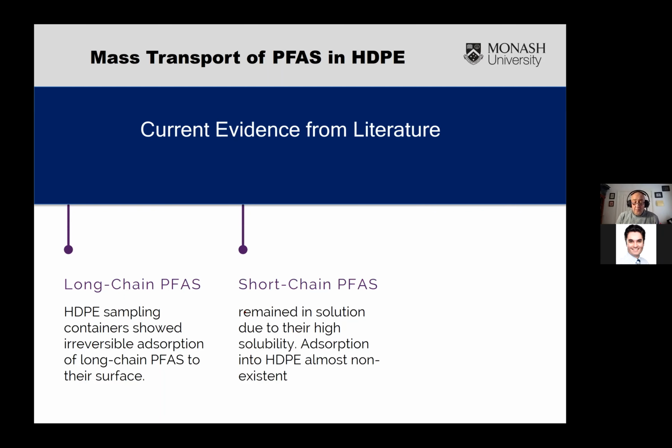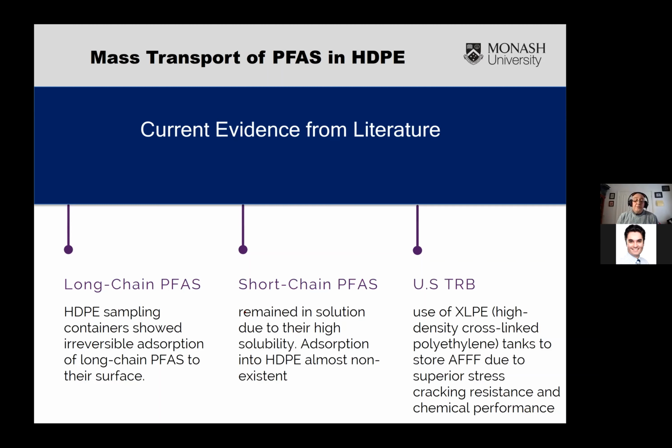And more recently, the US Transportation Research Board advised all airport operators in the US to use XLPE, the high density cross-linked polyethylene, to store their firefighting foam, the AFFF.